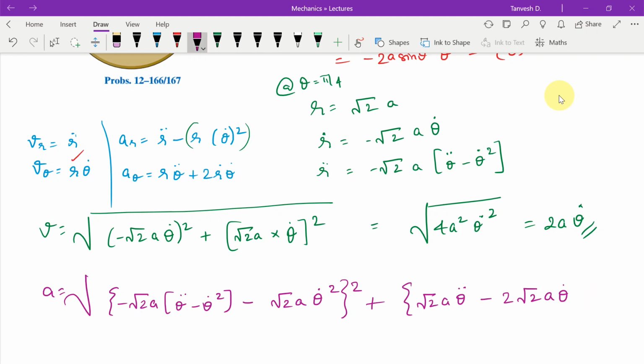So this would be again theta dot square. Okay, so this is your final acceleration.